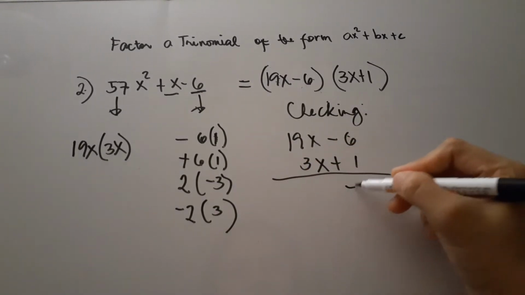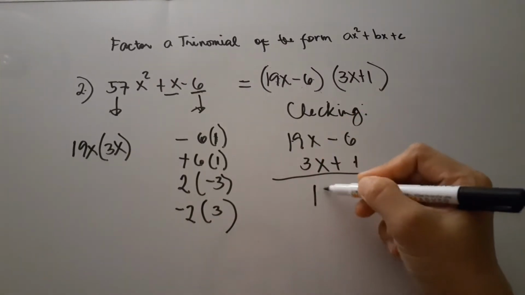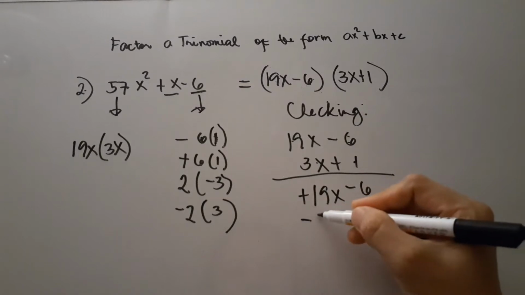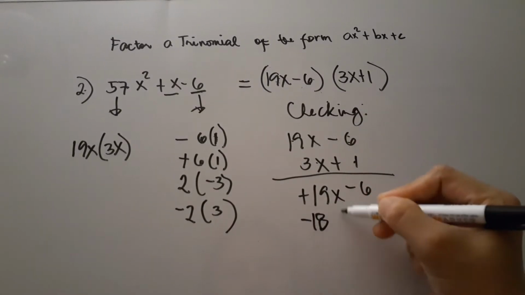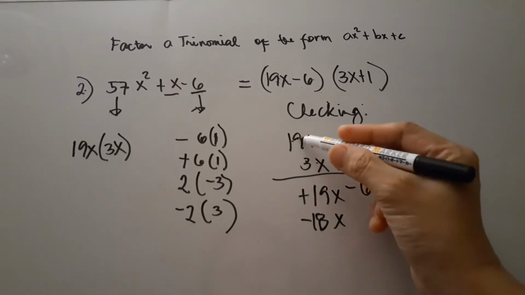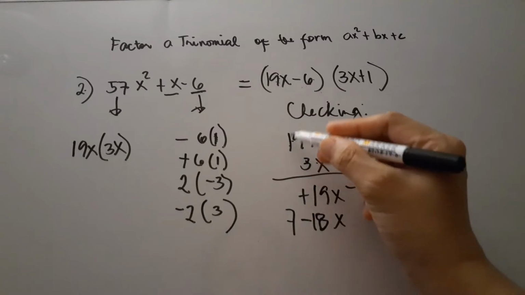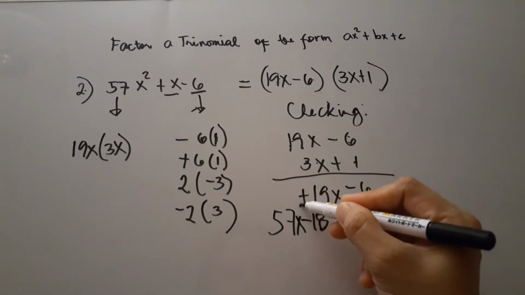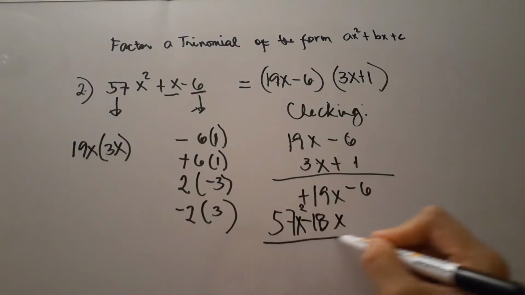Negative 6 times 1 becomes negative 6. Positive 1 times 19x becomes 19x. Negative 6 times 3x becomes negative 18x. Then 3x times 19x becomes 57x squared. Remember, don't forget the variables.